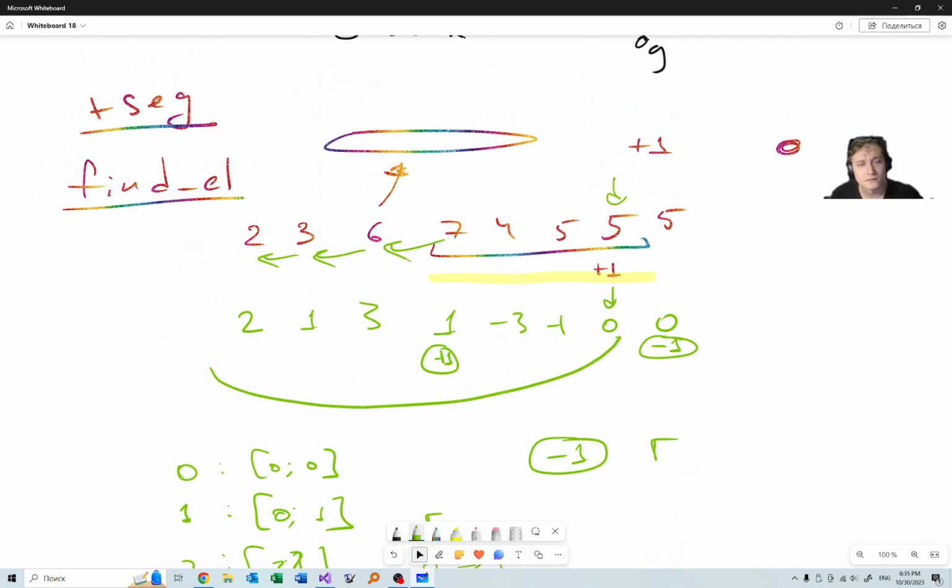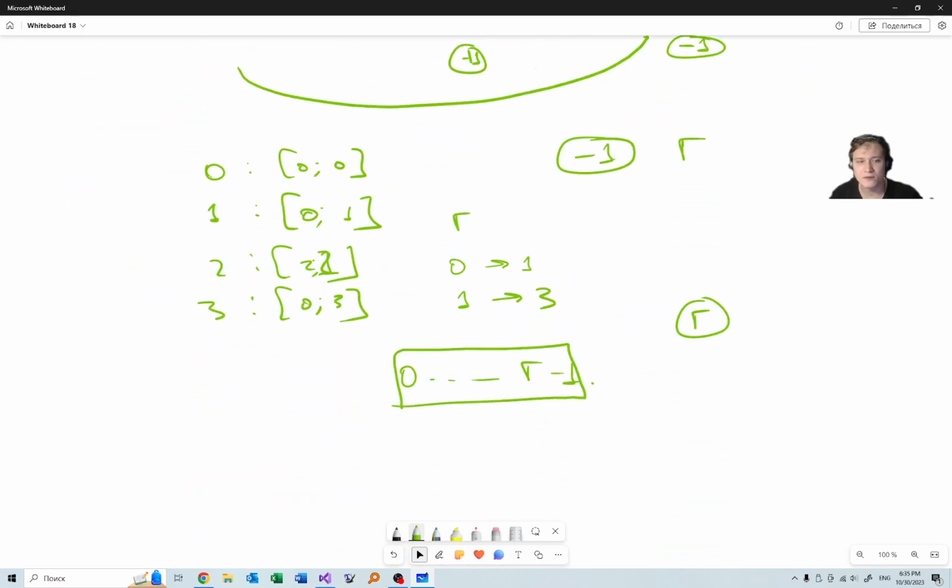Is it true? No, it's not true. If I want to find element 0, I need to sum up all elements from 0 to 0 inclusive. So I need to find now the sum of 0 to R plus 1 exclusive. Something like this.